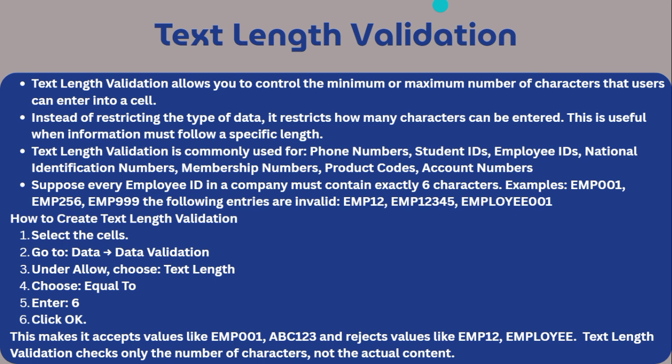So instead of restricting the type of data, it restricts how many characters can be entered. This is useful when information must follow a specified length. For example, you should just enter these 6 values, or maybe you are using a PIN code that must be a 4-digit PIN. That's just what text length validation does.